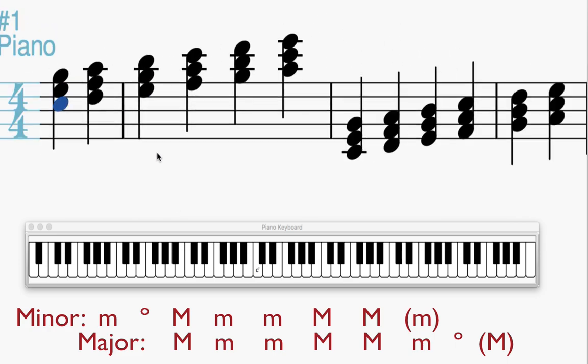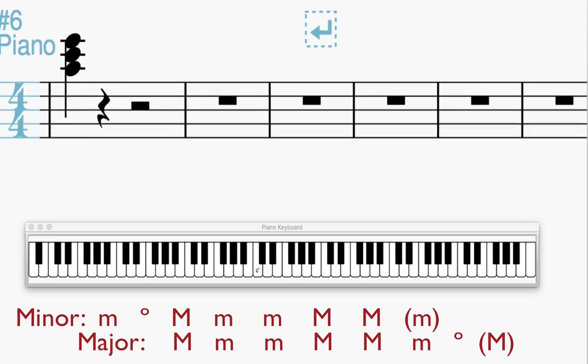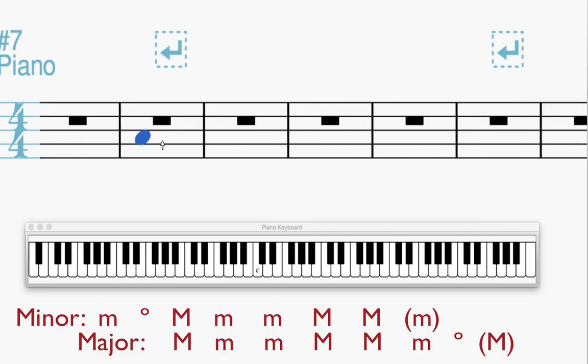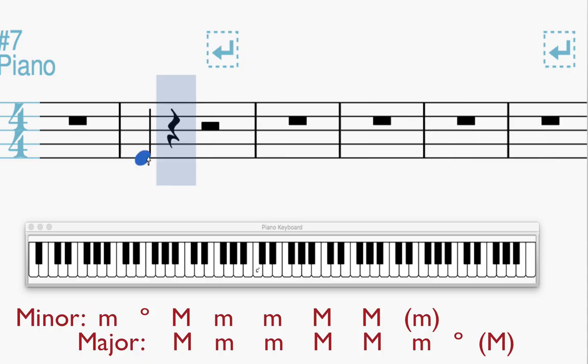Let's do just a whole new key here. Let's do the key of E major. Okay, I'm not even going to write all the notes. I'm just going to walk us through this with words. We're in the key of E major.